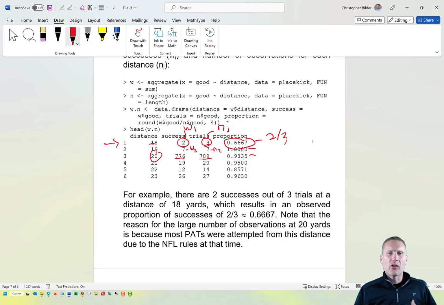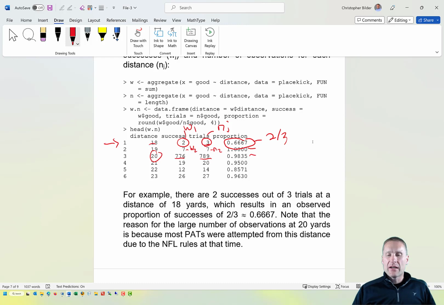Why did I have so many trials at that distance compared to everything else that you see there? Simply because for the rules of the NFL at that time, most PATs were attempted at 20 yards. There could be PATs at other distances, but most were at 20 yards. So that's why there are so many there.